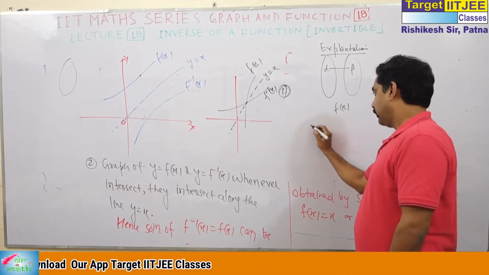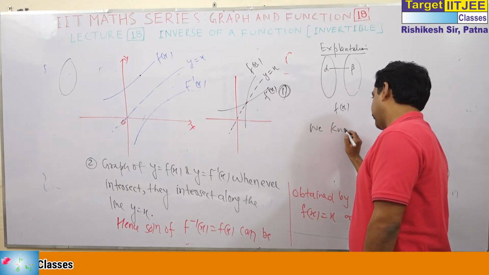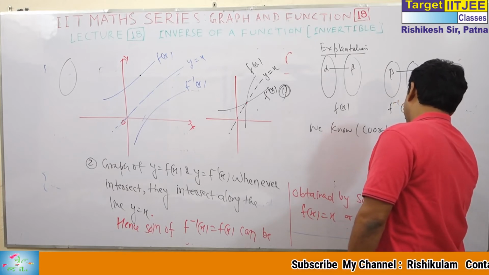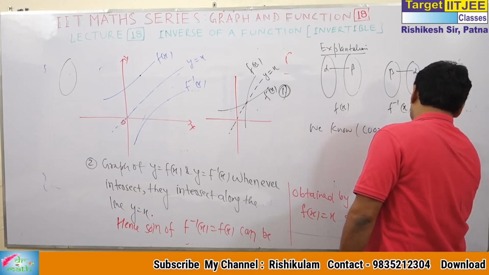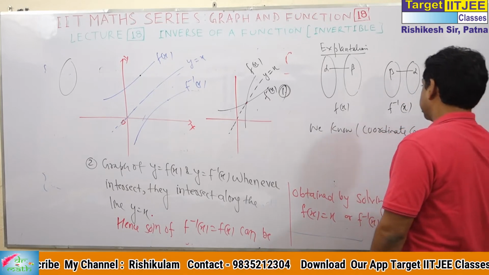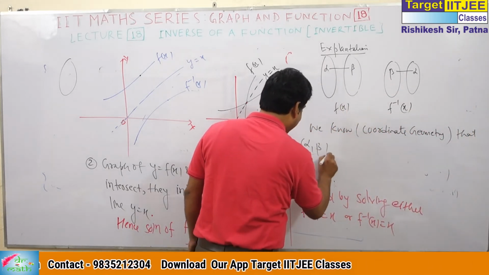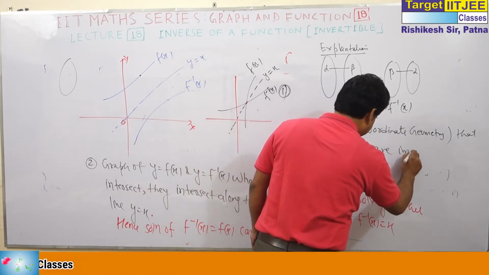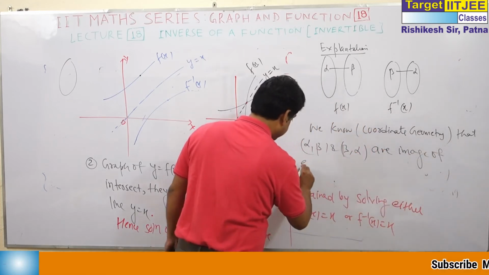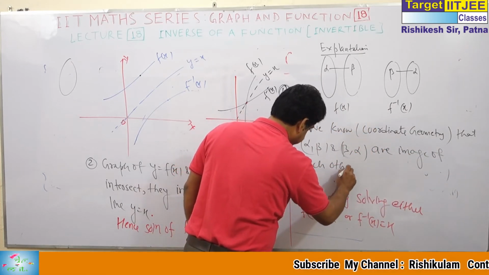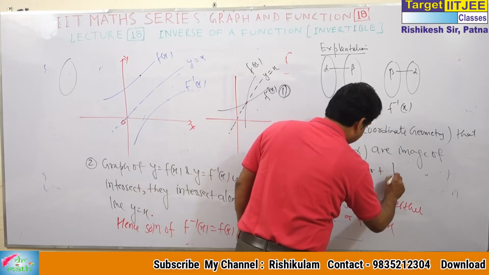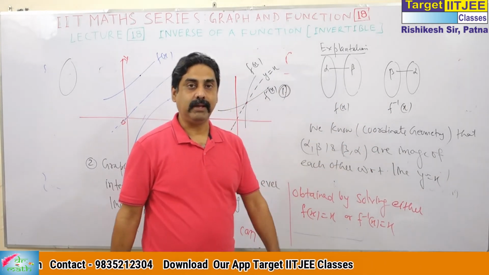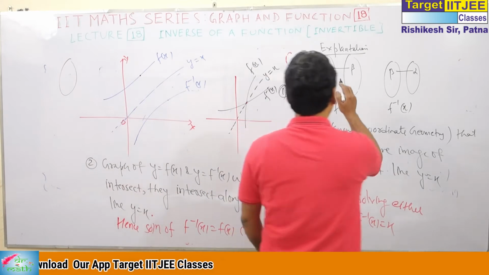But from coordinate geometry, we have done the proof that (alpha, beta) and (beta, alpha) are images of each other with respect to the line y = x. That we have proved in coordinate geometry, and we find it in the definition of this.